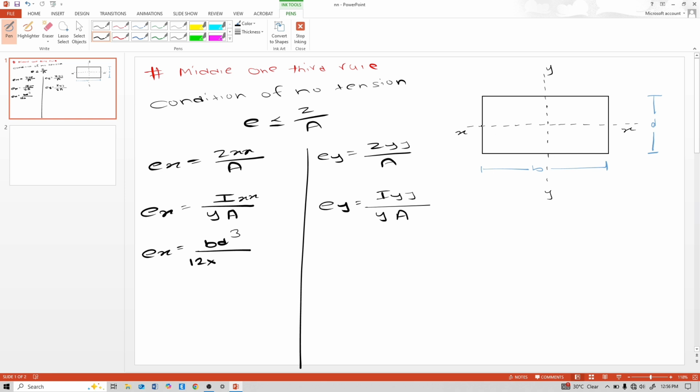We are calculating the moment of inertia about the x axis, so calculate y with respect to the x axis, that means from the x axis to the extremity. The total is d, so that is d by 2, into the area. The area of the rectangle is b and d, multiplication b into d. So here, this is not only equal to, this is less than or equal to.